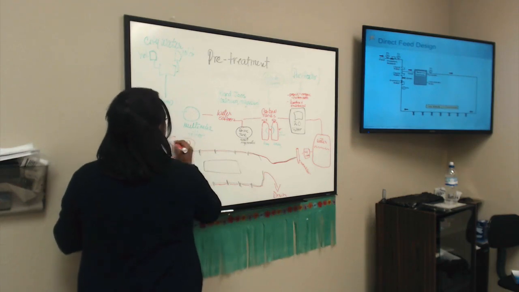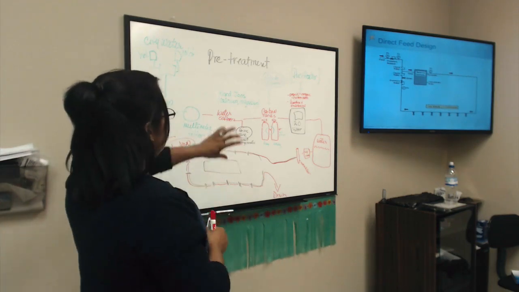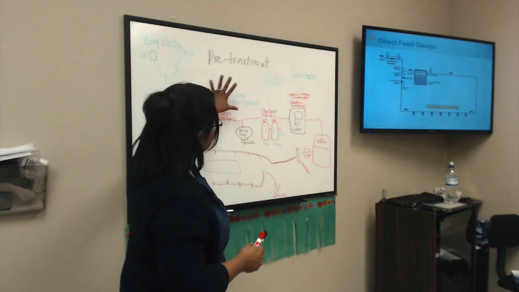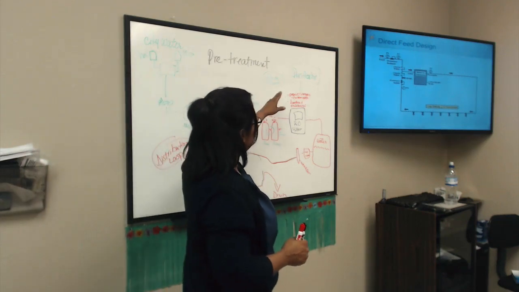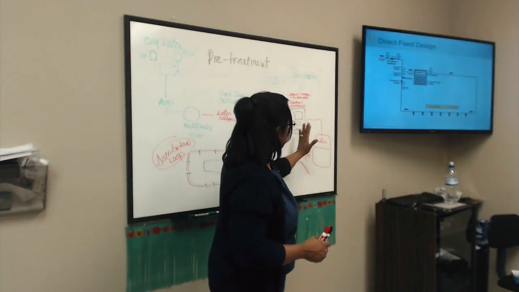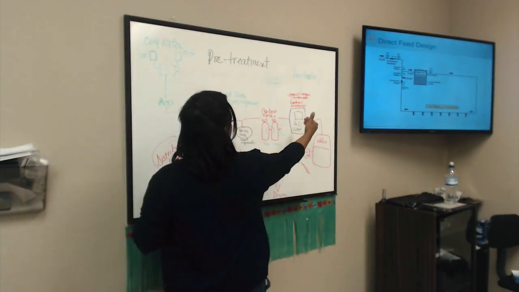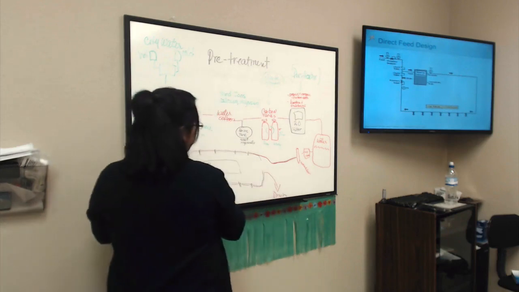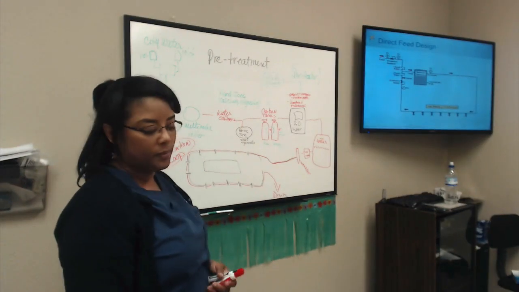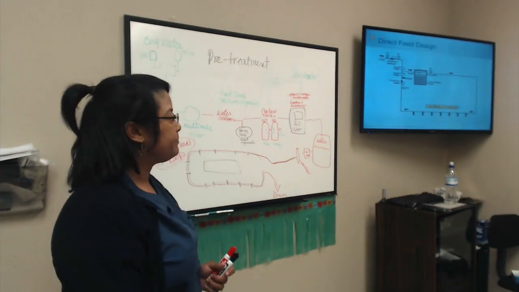So that's it, the three parts. Pre-treatment, all this here, before RO. Purification is the RO stuff. And then the distribution loops, that is after RO and into the dialysis stations. Okay?